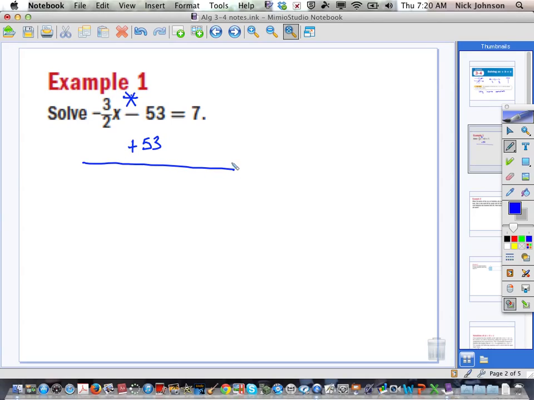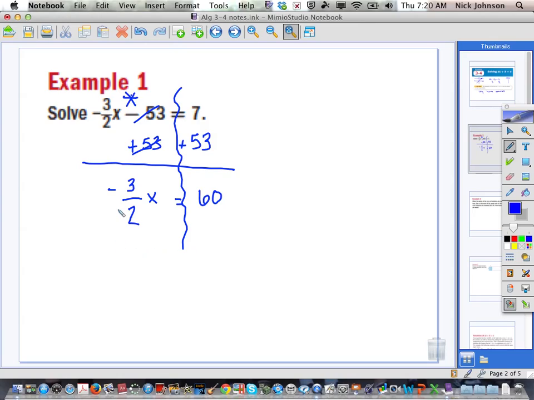Whatever I do to the left side, I have to do to the right side. My 53s are going to add out, and it's going to leave me negative 3 halves x equals 7 plus 53 is 60.